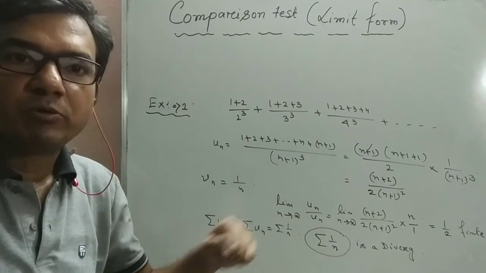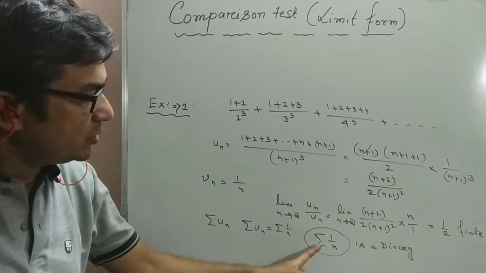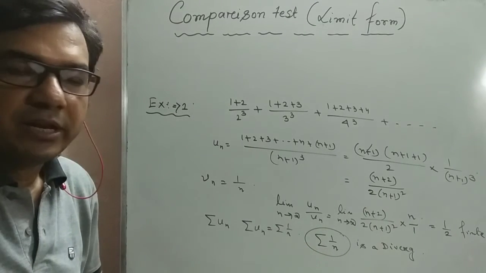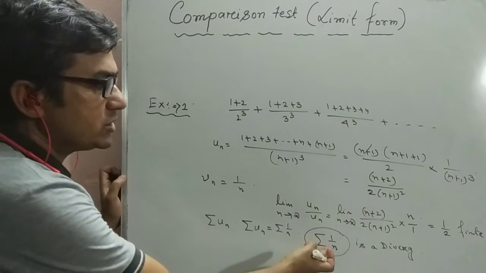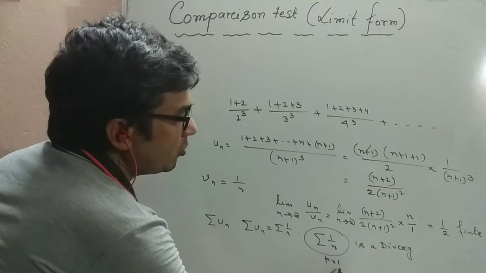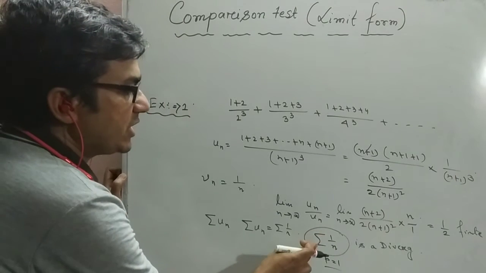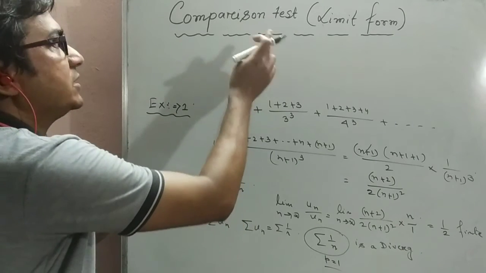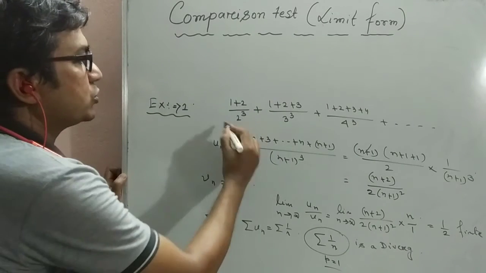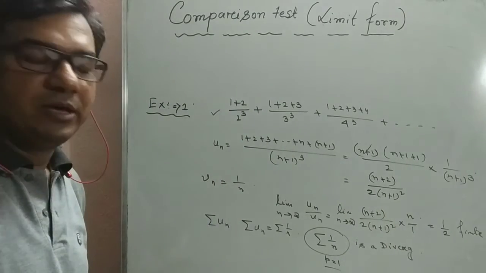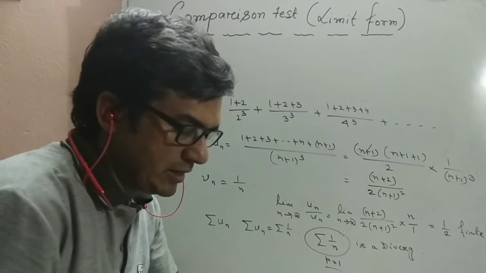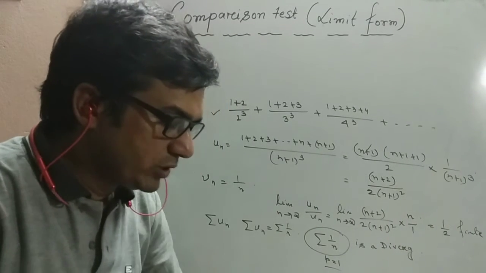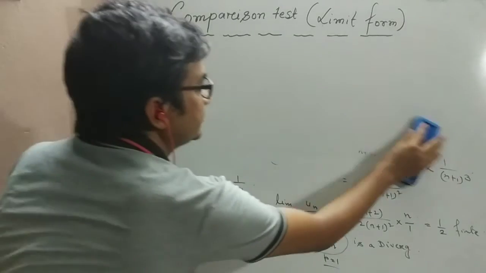This can be proved by Cauchy's general principle of convergence. Also, this is a p-series with p equal to 1. So this is divergent, and hence this test gives that summation un is also divergent. Okay, this is example 1, and we go to another example, example 2.